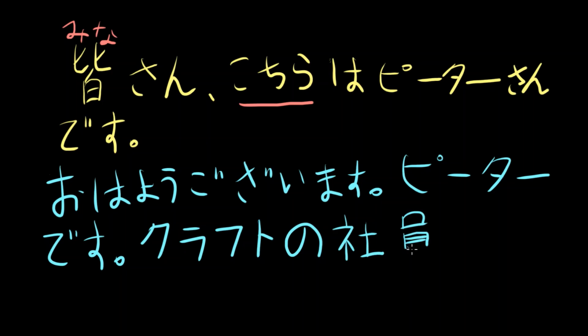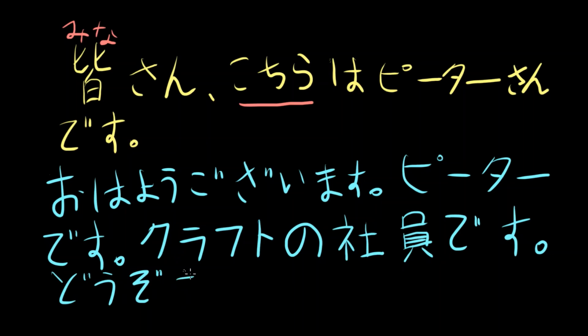So before we talked about 会社員, 社員 is just an employee in effect. 会社員です. Sorry, 社員. クラフトの社員です. どうぞよろしく.